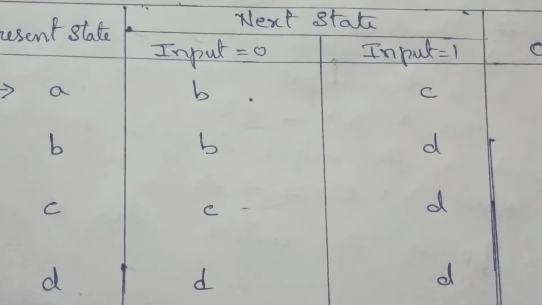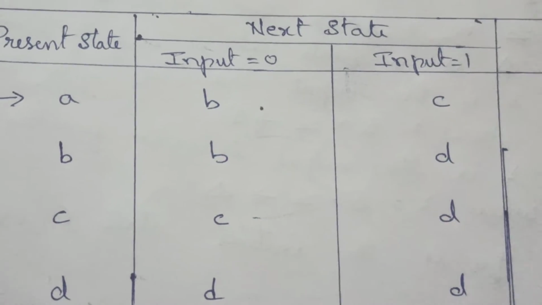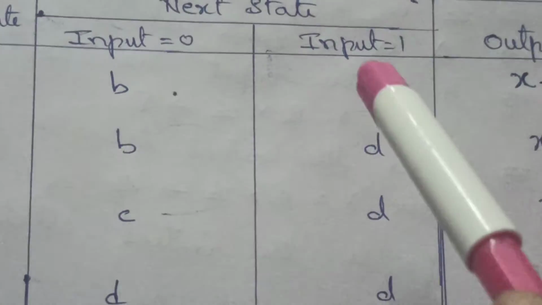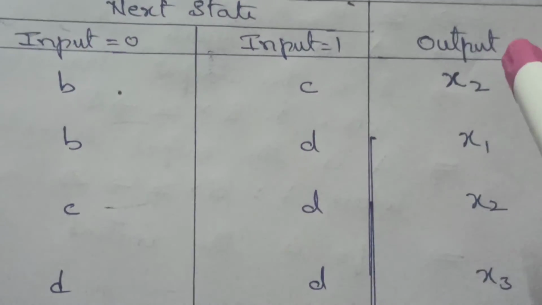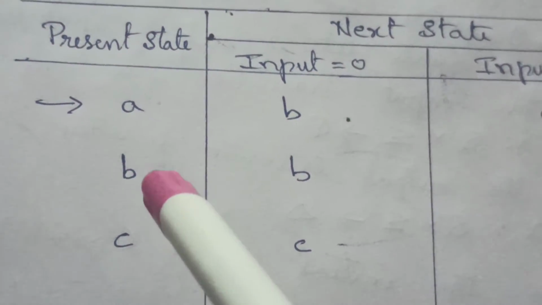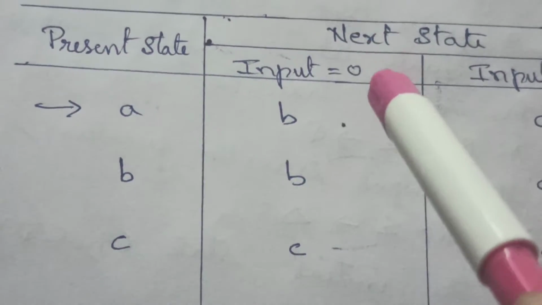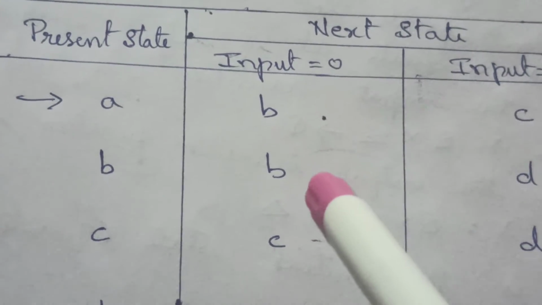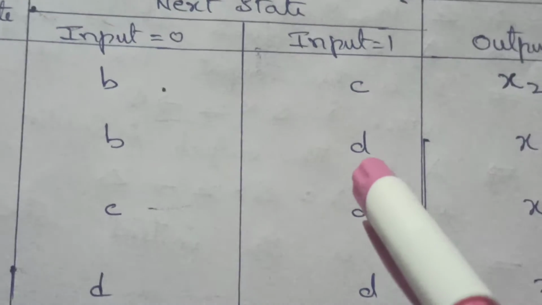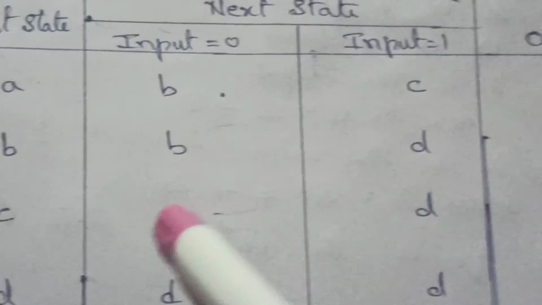Now on input 0, A is changing its state to B, and on input 1 it is changing its state to C, and the output is x2. Here if the present state is B, on input 0 it is changing to B only, and on input 1 it is going to D, and the output is x1.